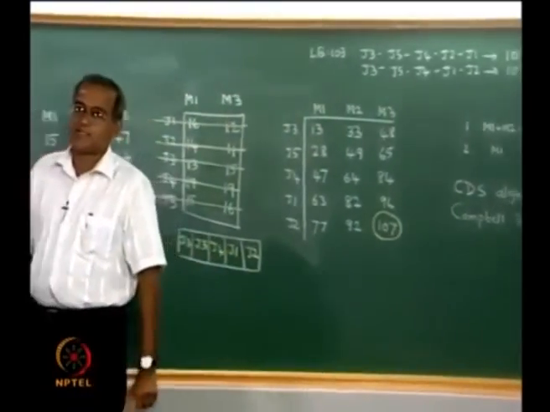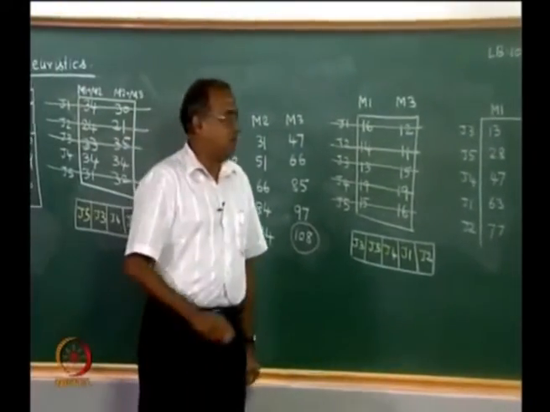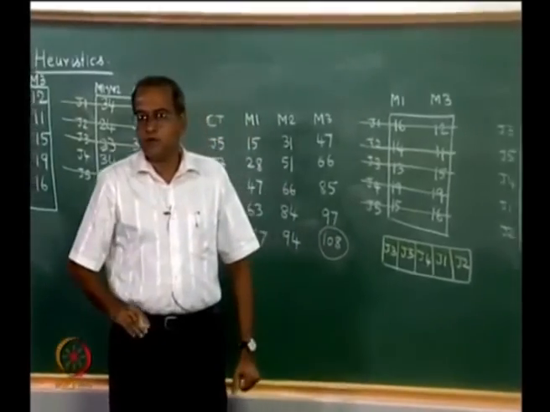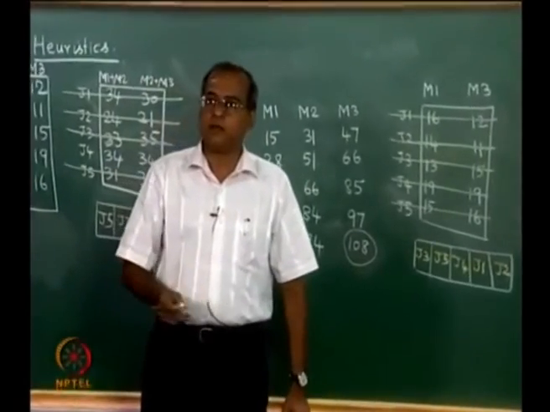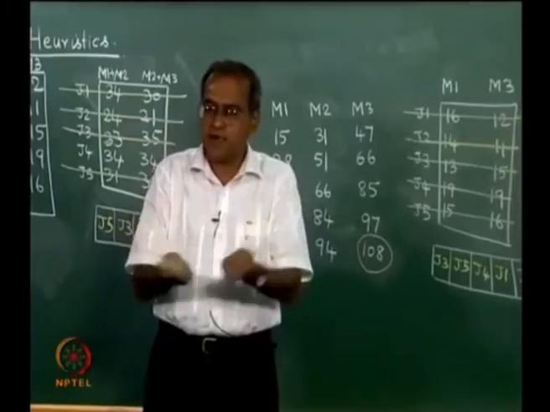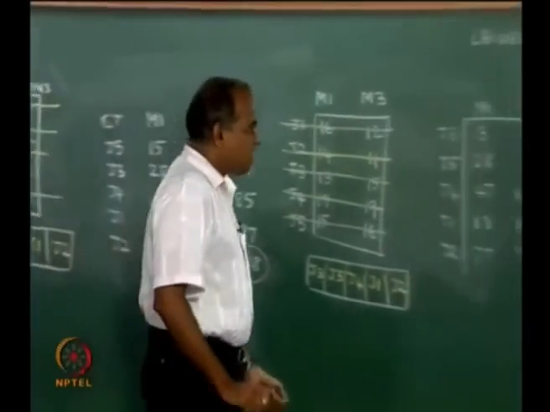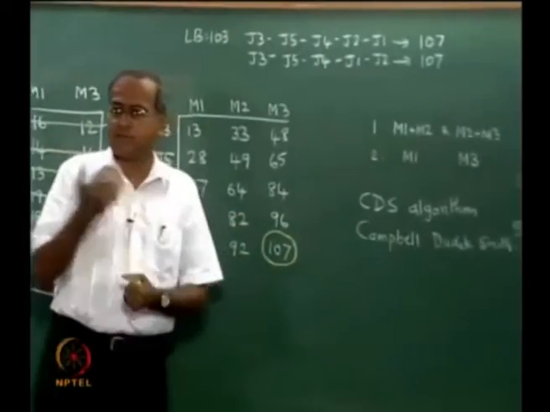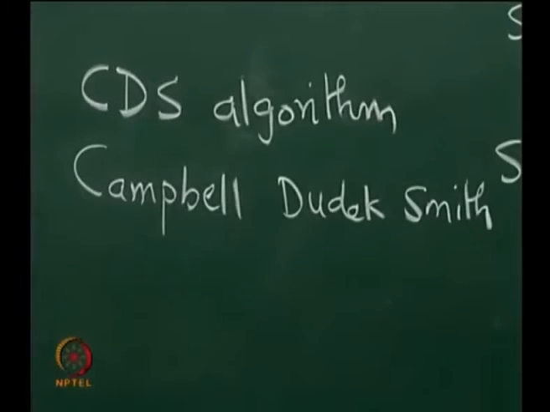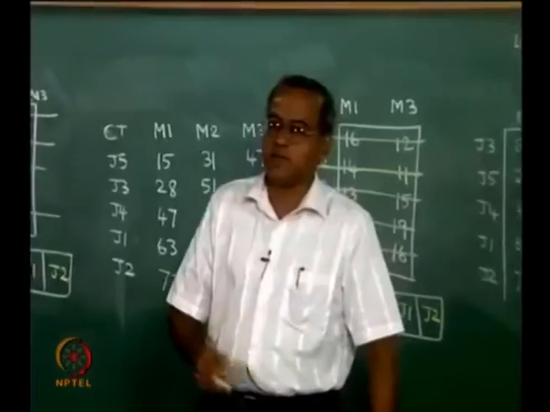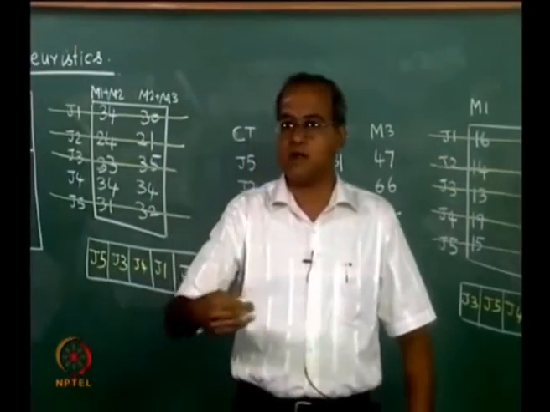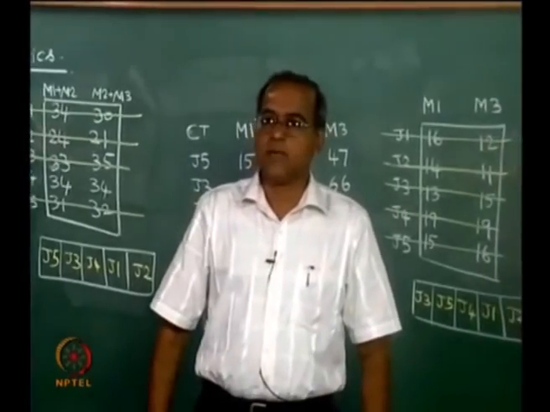It came in 1977 and is a very popular algorithm to find the make span for a general m machine flow shop sequencing problem. Based on a lot of experimentation, it is observed that this algorithm generally gives better solutions than Palmer's. Palmer's would still evaluate only one sequence, whereas CDS would evaluate m minus 1 sequences and choose the best.